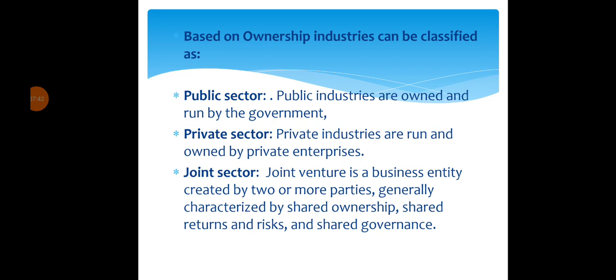In private sector, private industries are run and owned by private enterprises. Joint sector. Joint venture is a business entity created by two or more parties. This business is generally characterized by shared ownership, shared returns and risk, and shared governance.